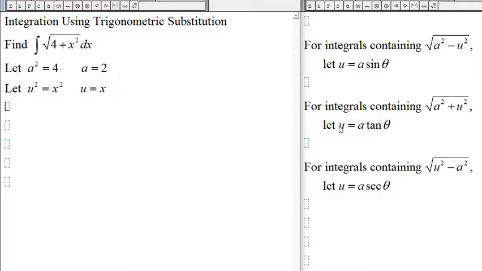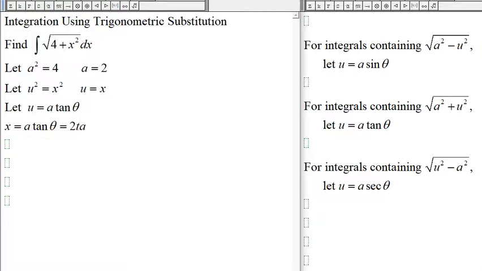And then the suggestion is to let u be a tangent of theta. But u is also x, and so x is equal to a tangent of theta.